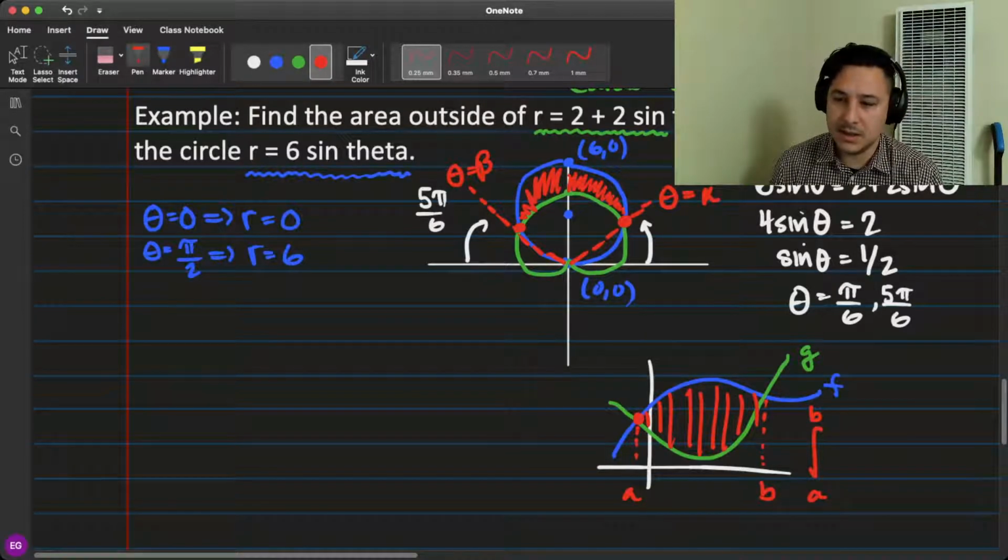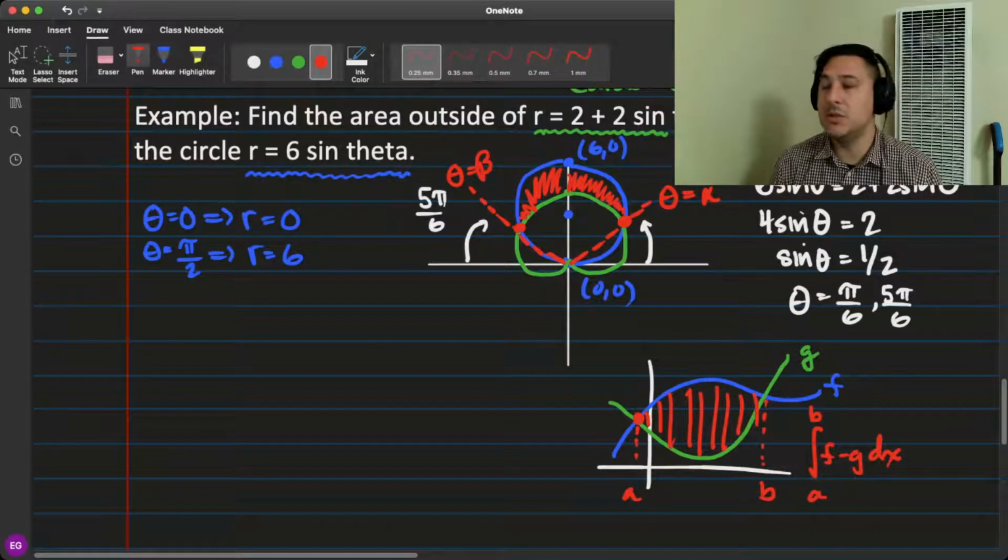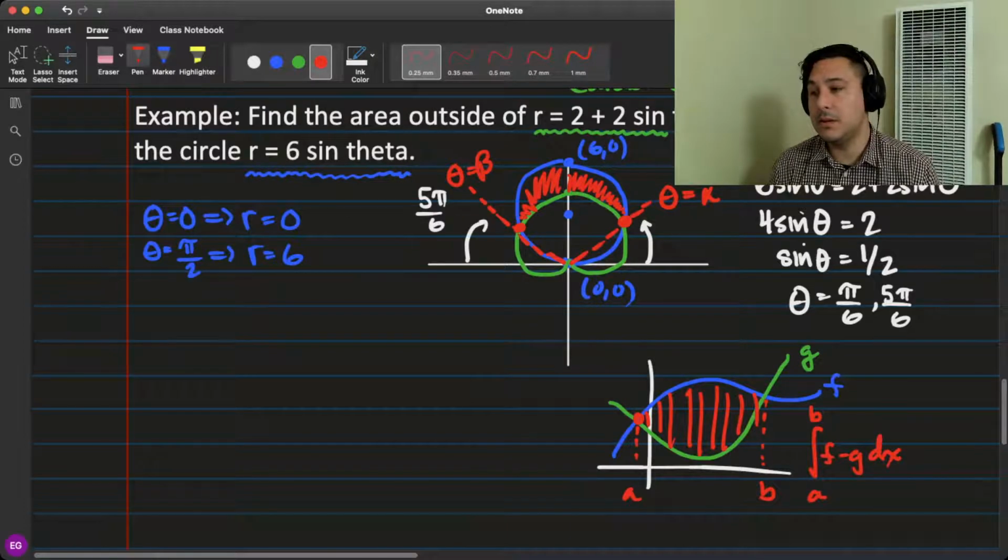Not necessarily. You could just do this. That's if you wanted to rotate it. Does that make sense?